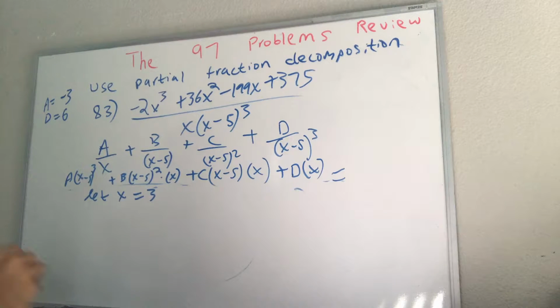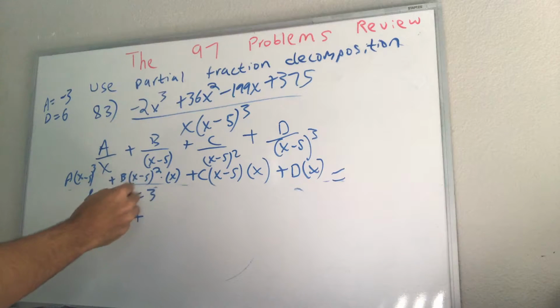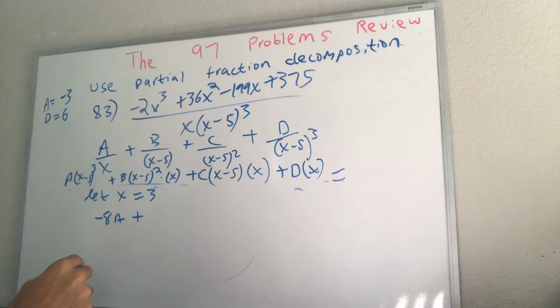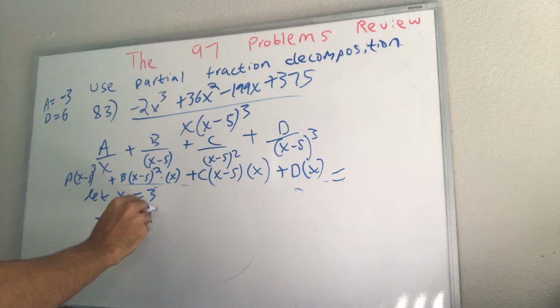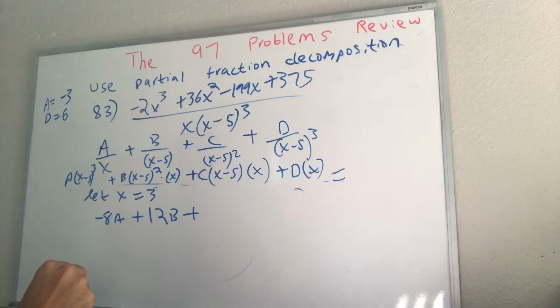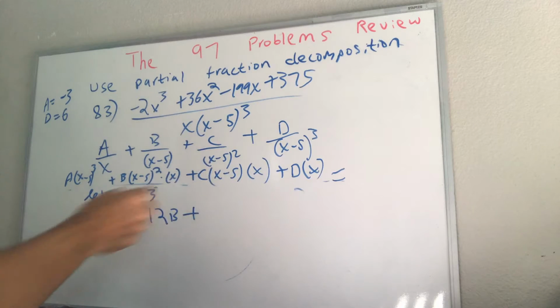And so we can do that. So we obviously have 3 minus 5, that's negative 2. Negative 2 cubed, right? That will be negative 8. So negative 8A plus this becomes 4. So 4B times 3 plus 12B plus, well, now we're looking at C times this expression over here, right?